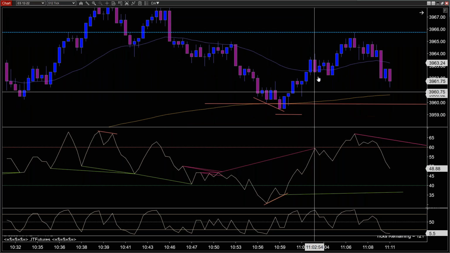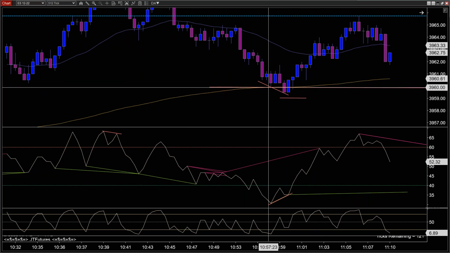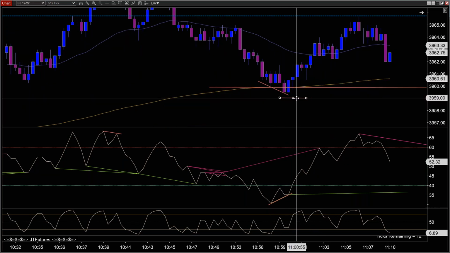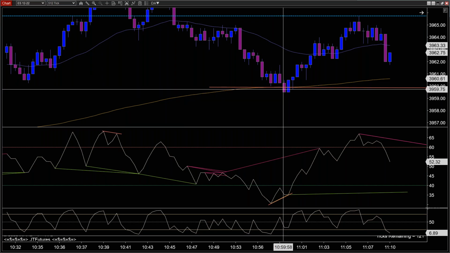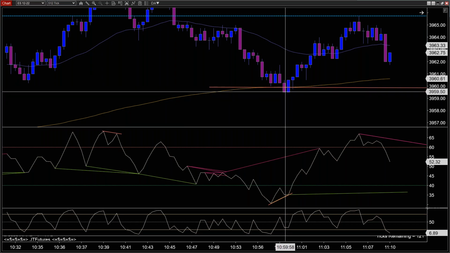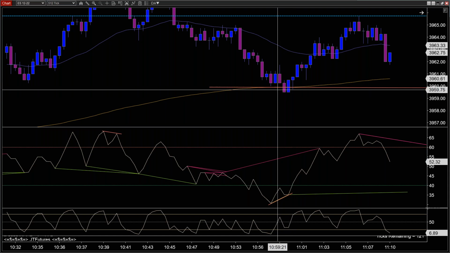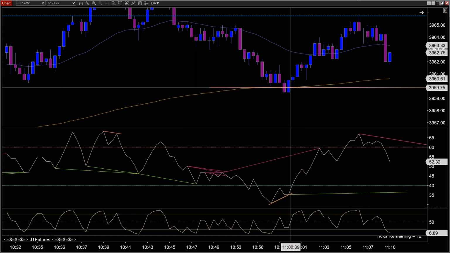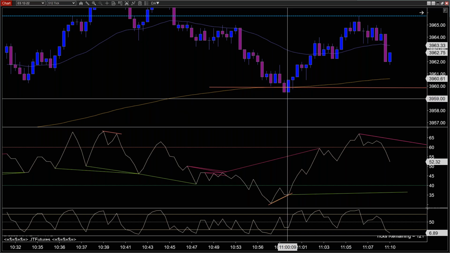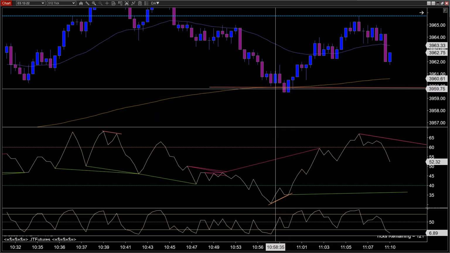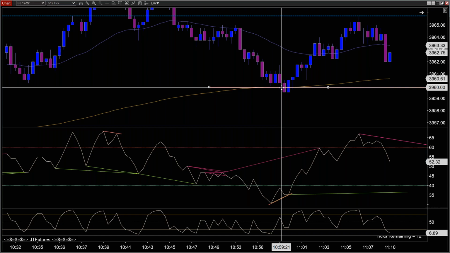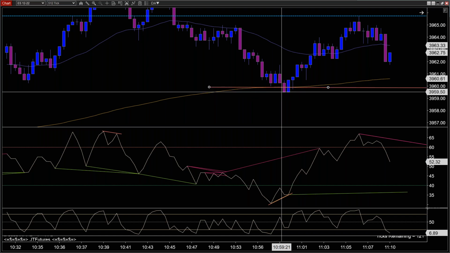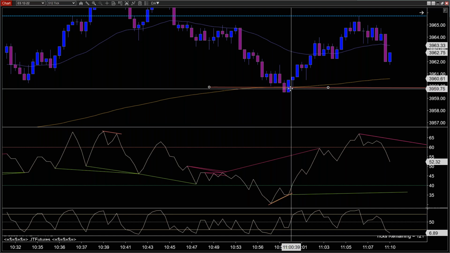What's even better about using divergences is that if you can get in the trade at the top end of the divergence, or I'm sorry, in this case, the bottom end of the divergence, and let's say you entered maybe 2 ticks above that low, like let's say you actually got long off of the 200 moving average here, our slow moving average, and it came down to 39.59 and a half.